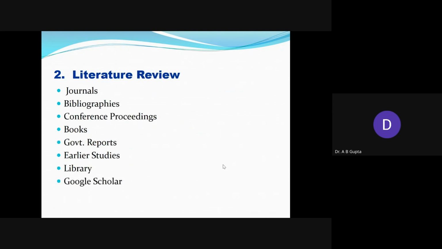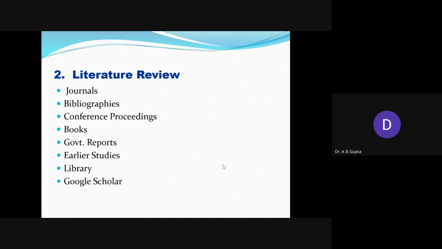Okay. You can use various things such as journals or books or conference proceedings, bibliographies. Of course, a lot of information is available on the internet. You can refer to certain reports, any studies that have been undertaken related to your problem by other researchers.